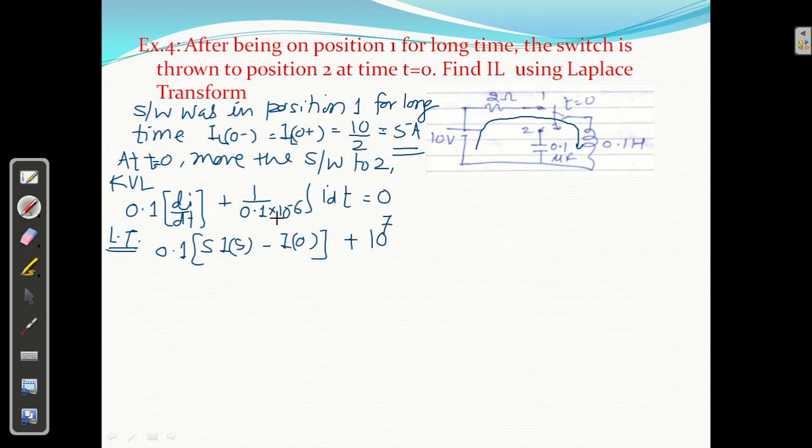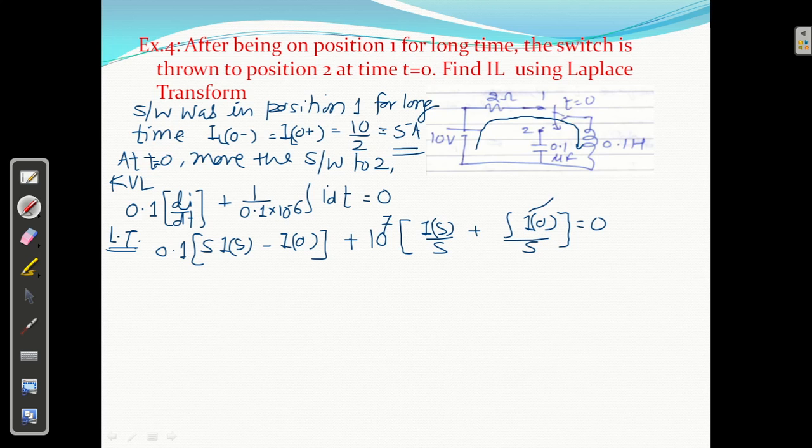And the Laplace transform of the integral is I of S upon S plus the integration of I of 0 upon S, equal to 0 as there is no source.